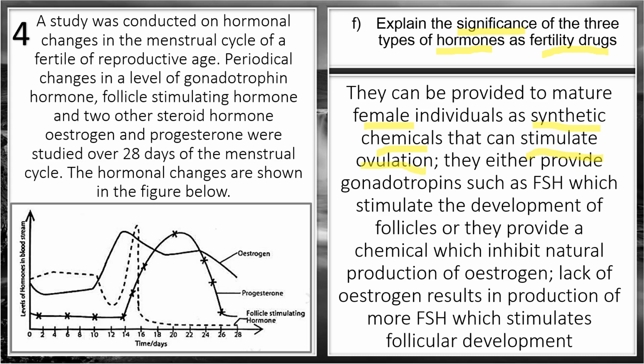They either provide gonadotrophins such as follicle-stimulating hormone, which stimulates the development of the follicles, or they provide chemicals which inhibit the natural production of estrogen. And the lack of estrogen results in the production of follicle-stimulating hormone, which stimulates follicular development.